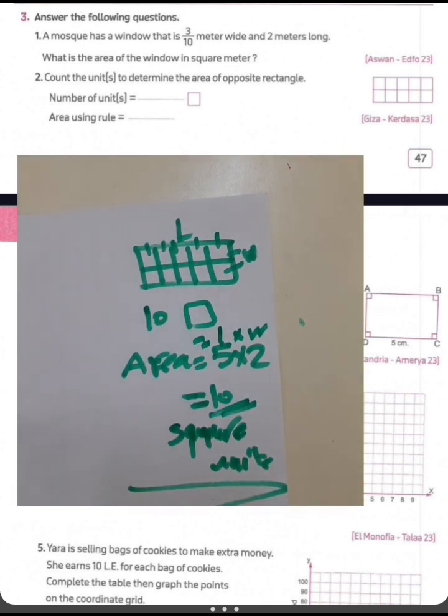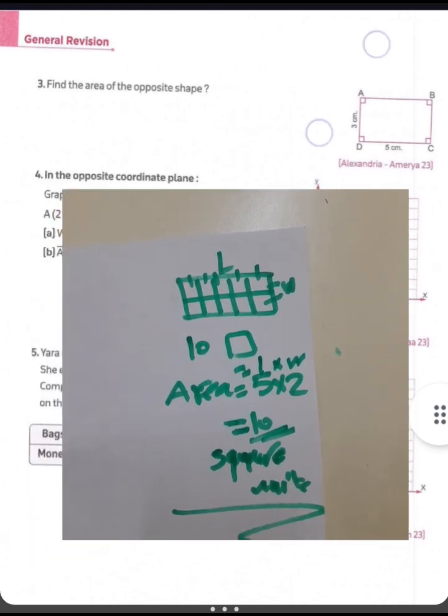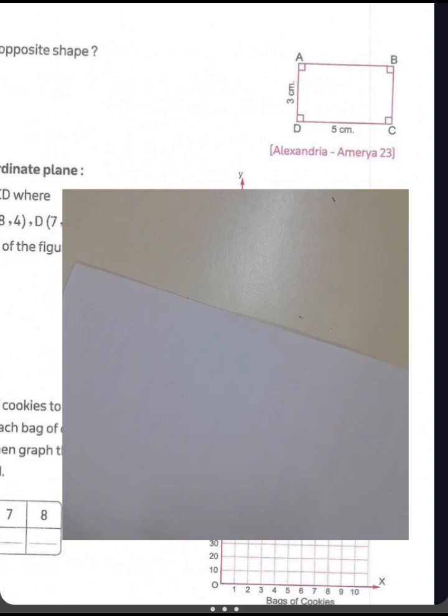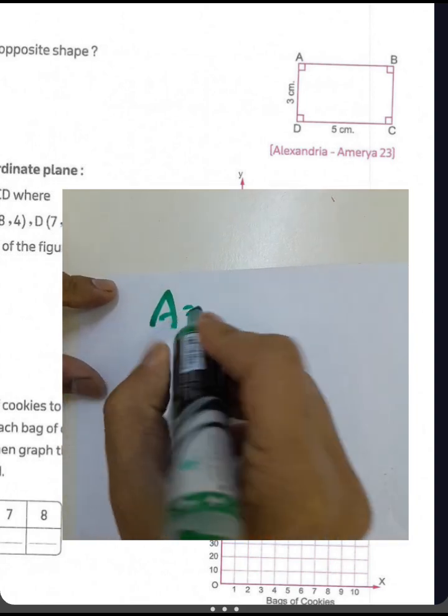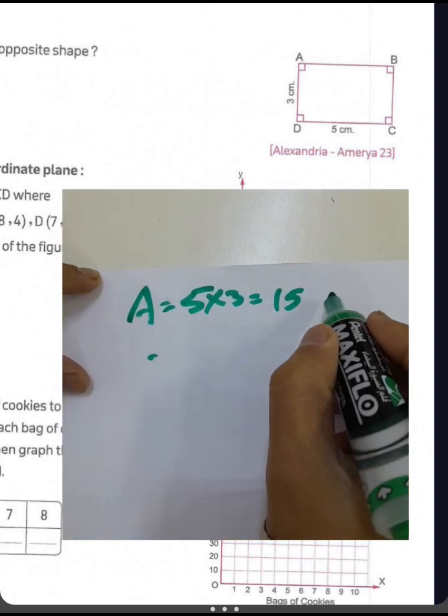Next question. Find the area of the opposite shape. We have a rectangle and the area of a rectangle equals length times width. We can multiply the length and width here, 5 times 3 equals 15. Then the area equals 5 times 3 equals 15 square meters.